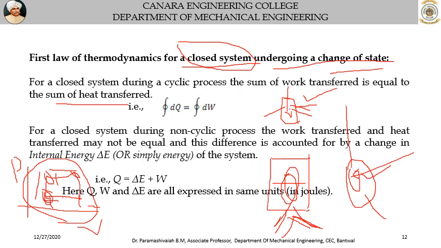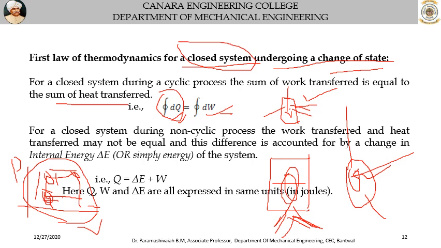Now we consider a closed system undergoing a cyclic process, then the cyclic integral of the total heat transferred is equal to the total work done. That is the meaning. That means whatever the heat transferred and whatever the work done, both are the same. That means whatever heat is transferred is converted into work.